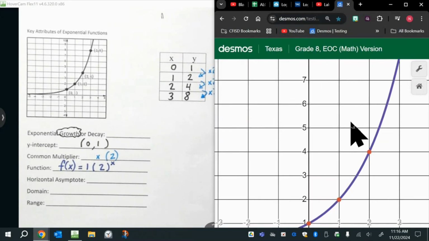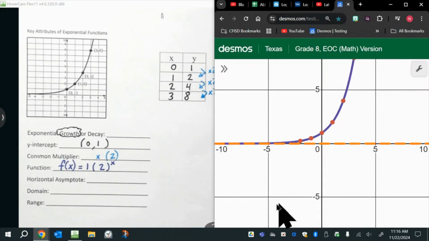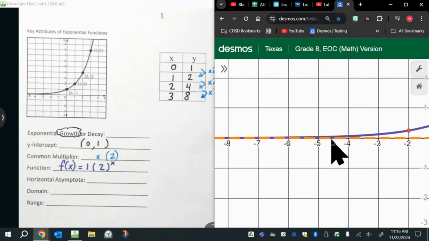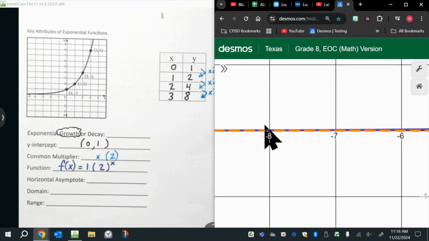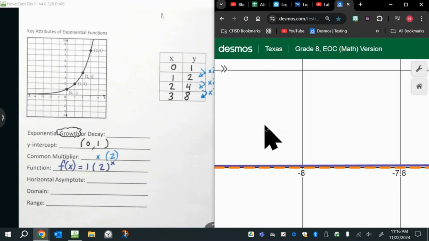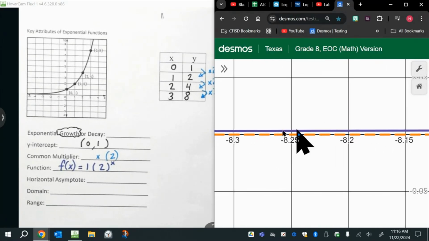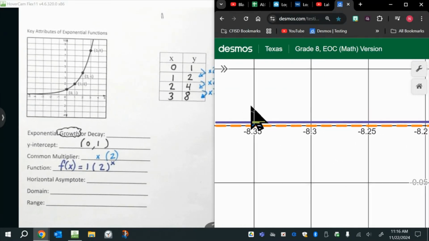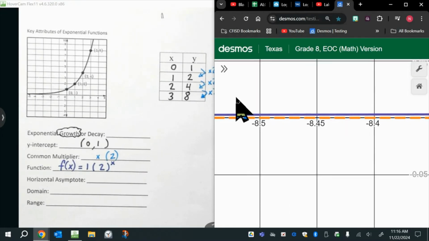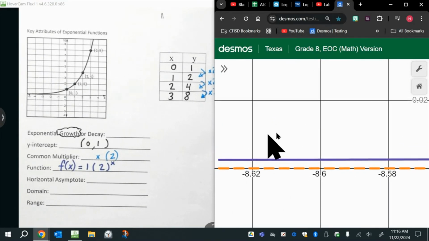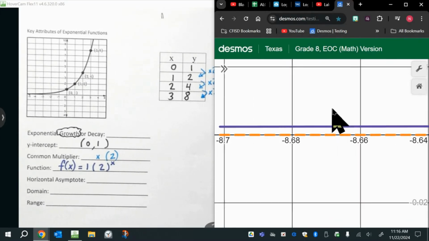All right, so here's how this goes. If I focus back in on here, I made this line right here, this orange line. And if I go across to this orange line, it looks like the orange line and the purple line are going to touch. But here's the thing. They never actually touch. It's like a fence that you get really close to and you never actually touch. We call this an asymptote. It will never, ever actually touch the orange line.